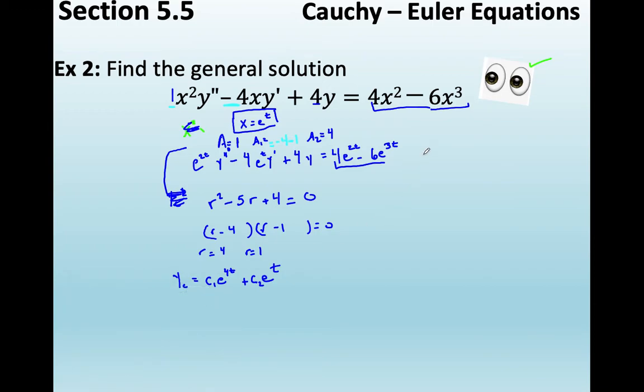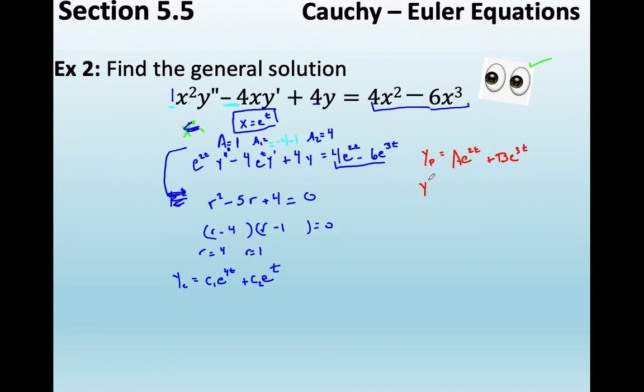So I'm going to go from here and say y sub p is equal to A e to the 2t and B e to the 3t.